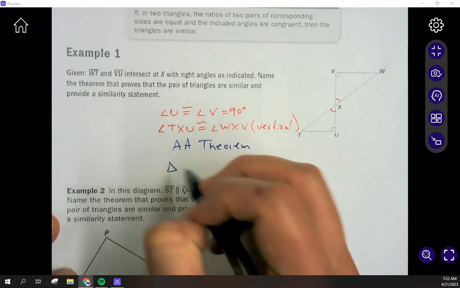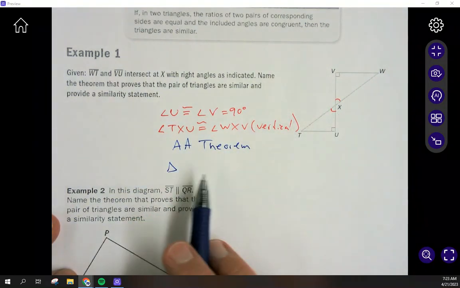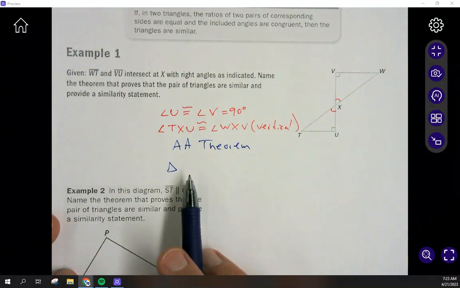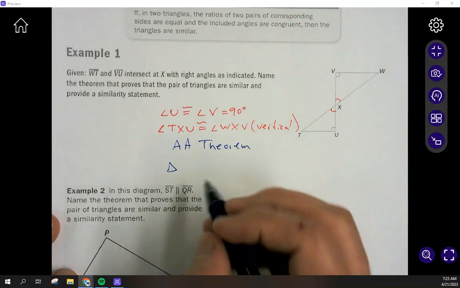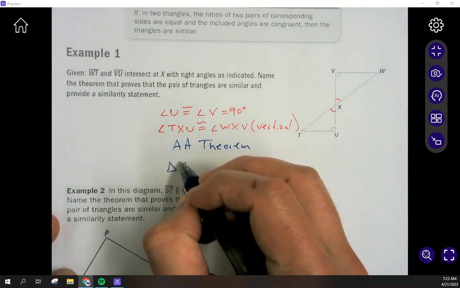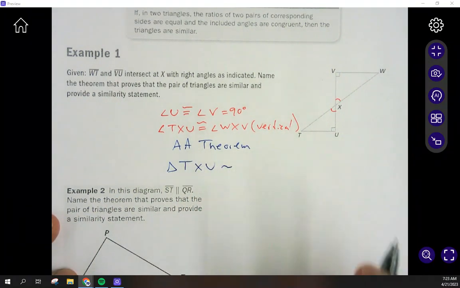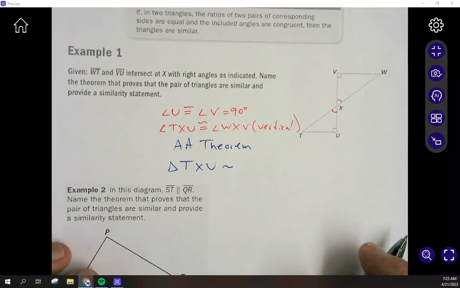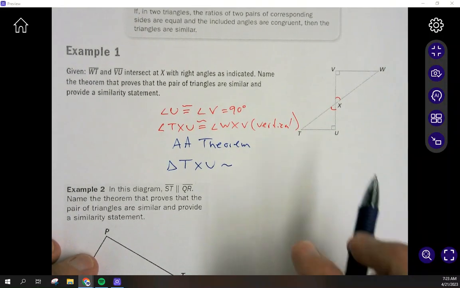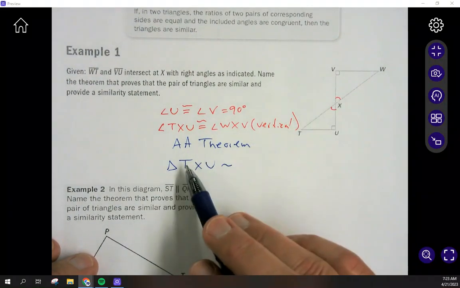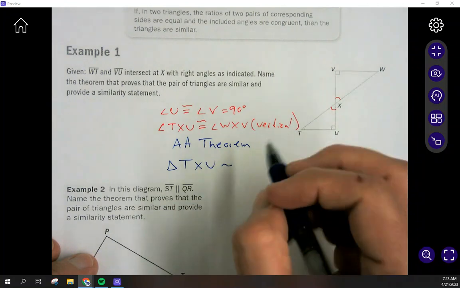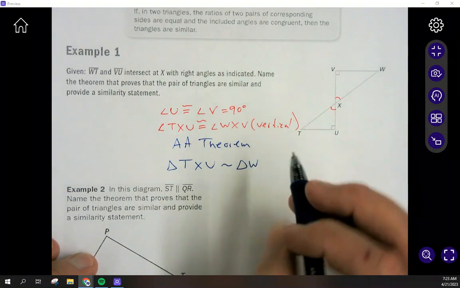And so we have to make sure when we set up our similarity statement that our vertices are in the right order. So the first one you can name however you want. I'm going to call it TXU. Make sure you don't write congruent. They're not necessarily congruent, but they are similar. And so T is going to match W, so I have to put that first.